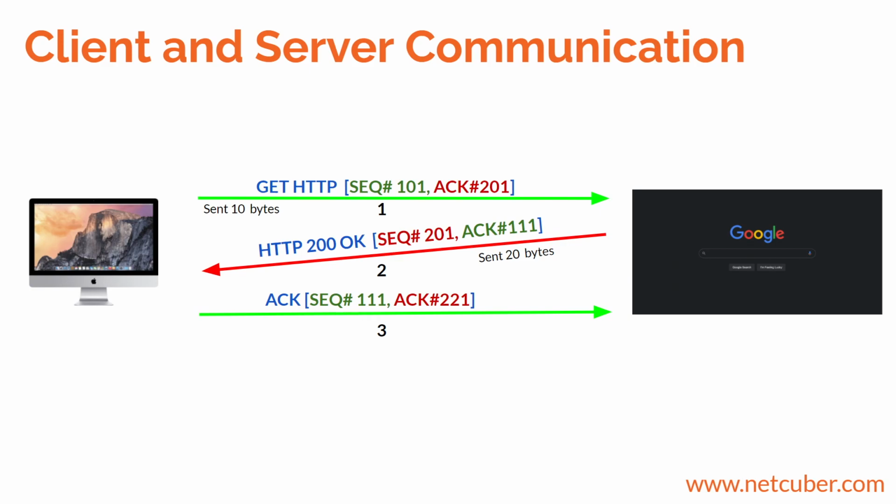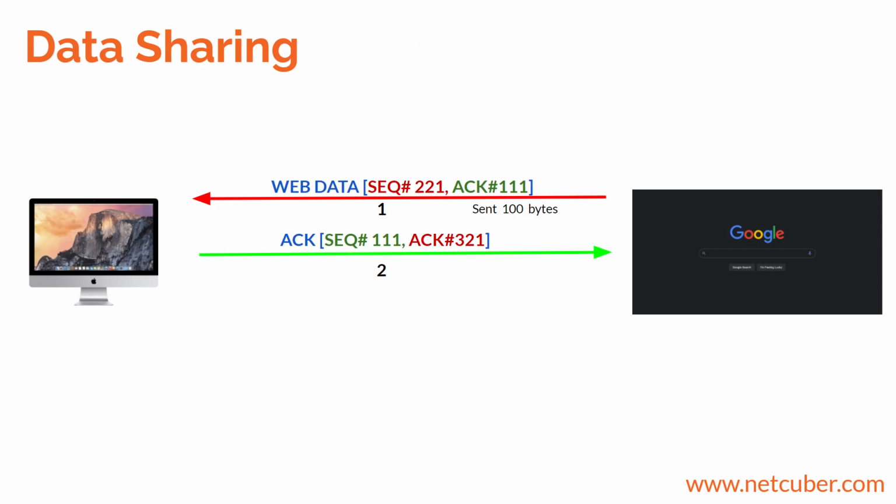So in this scenario, sequence number 111 is the client sequence number, but it received 20 bytes of data from the server. So it has to update that and acknowledge that. So it's doing that, updating it, then 221, the latest server sequence number. So this is how they communicate.